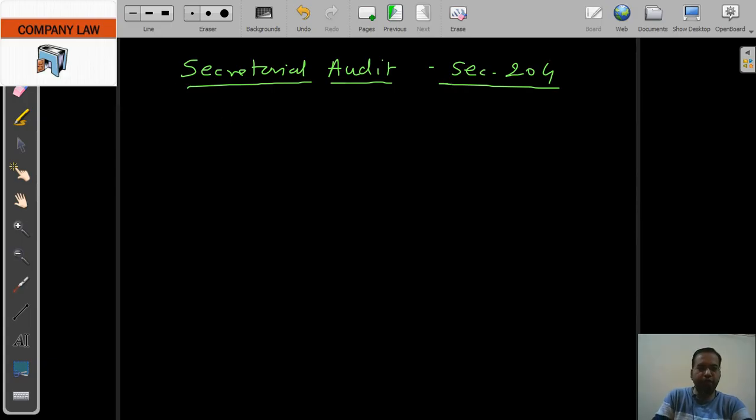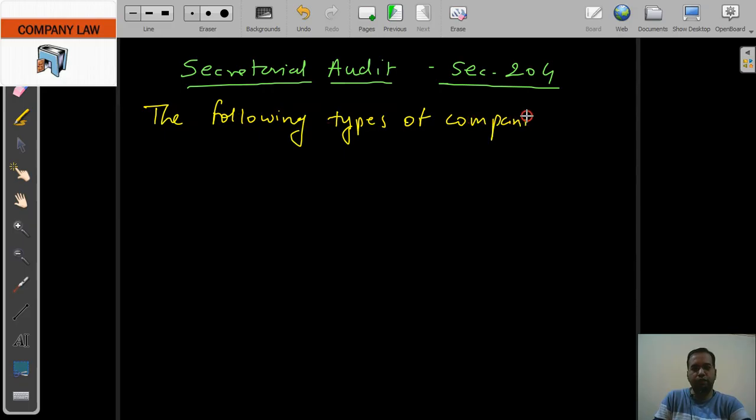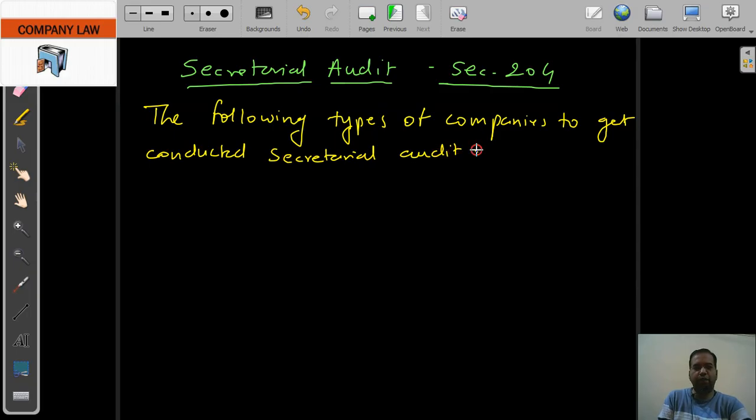The following types of companies have to get secretarial audits conducted. So it is not mandatory for all, but only for the prescribed companies. So which are those prescribed companies?